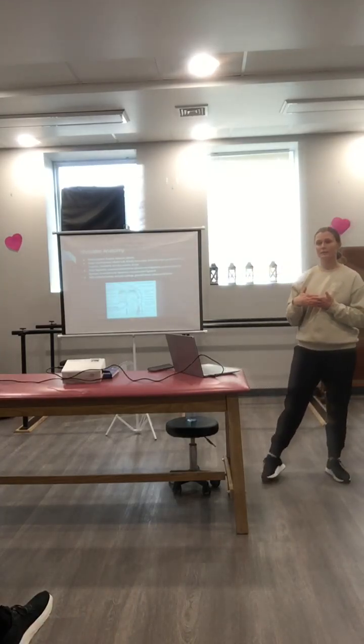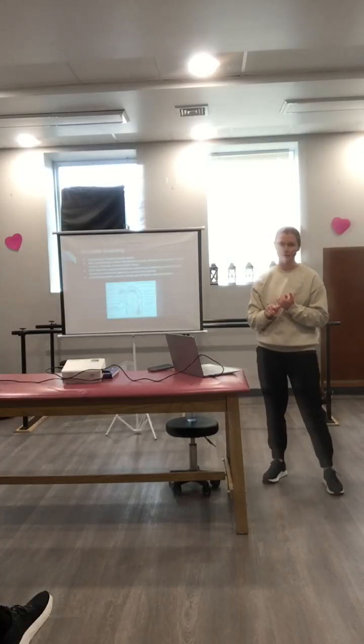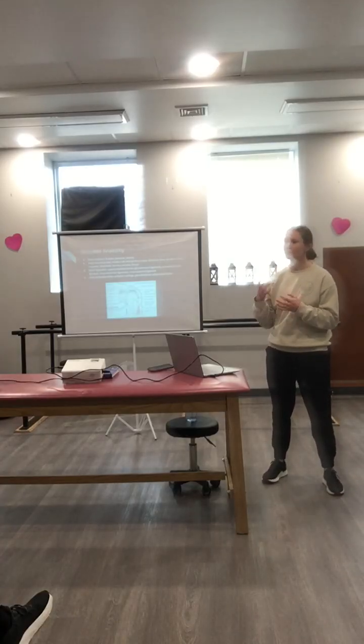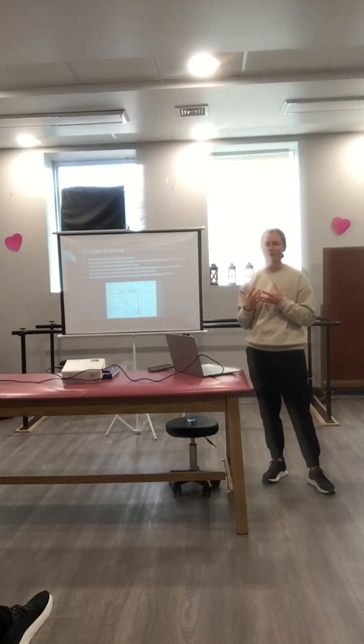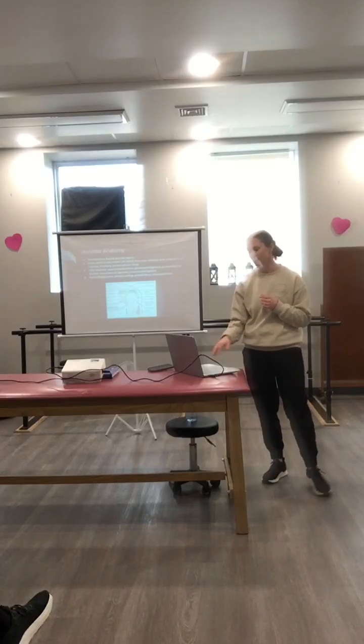And then at the joint surface itself, we have that articular cartilage. You have a labrum that sits in the joint and cushions where the ball attaches. And then bursa sacs give some cushion where your tendons and ligaments are gliding.